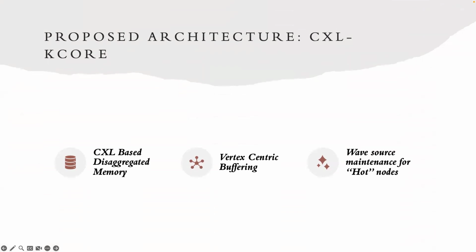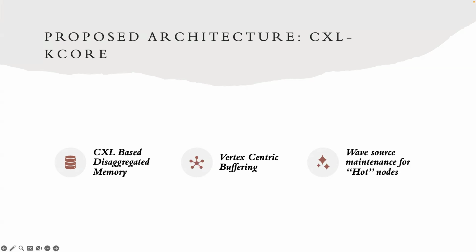Research proposals. So what we plan is we will be using a CXL based disaggregated memory to hold the graphs. And then we will go with something like the vertex centric buffering that XPGraph used. Since XPGraph actually put all the caching into the DM, we will try to follow that approach as well, because that also cuts some latency from the execution time.